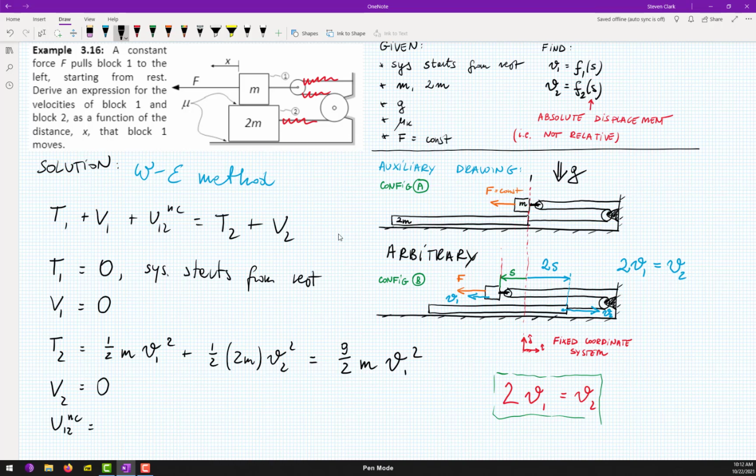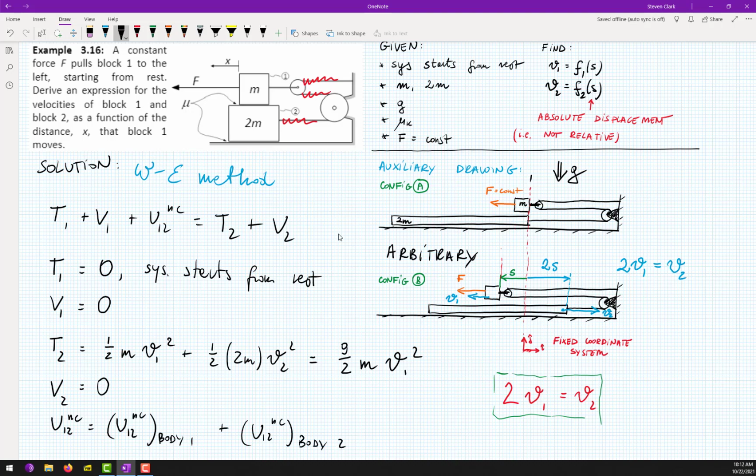So I would like to calculate U12 non-conservative for 2 bodies separately. I can do it. So I will just do U12 non-conservative for body 1 plus U12 non-conservative for body 2.